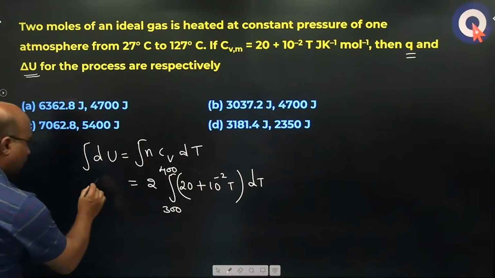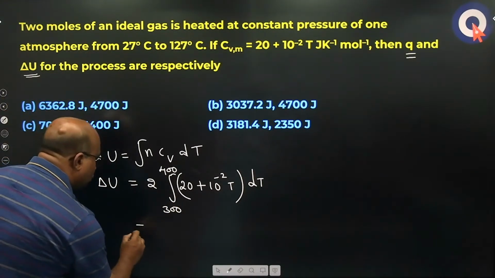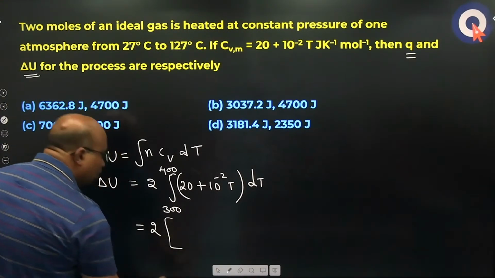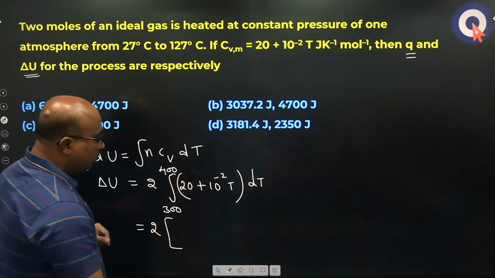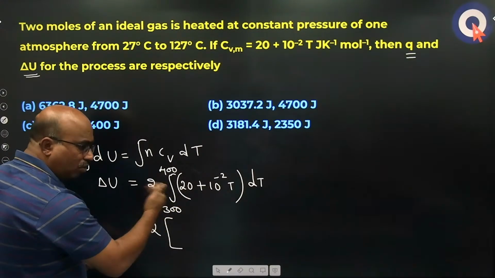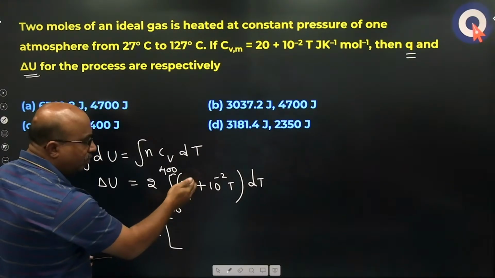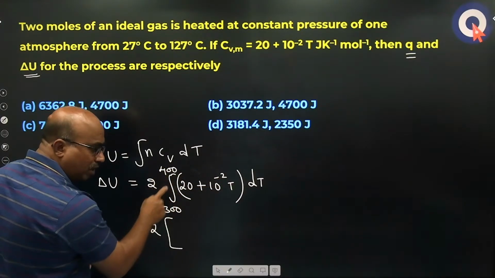So delta U will be, overall 2 times the integration of 20 plus this part. The integration of 20 is a constant, so you can take 20 outside. Then the integral of dT is T, with the limits of 300 and 400.